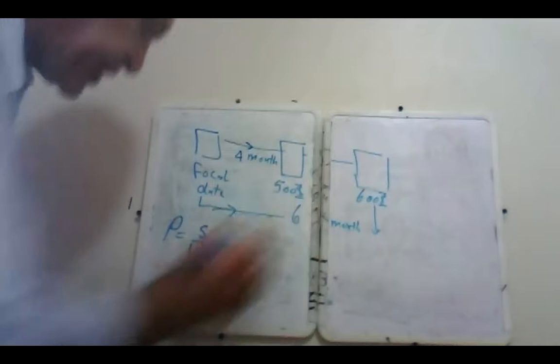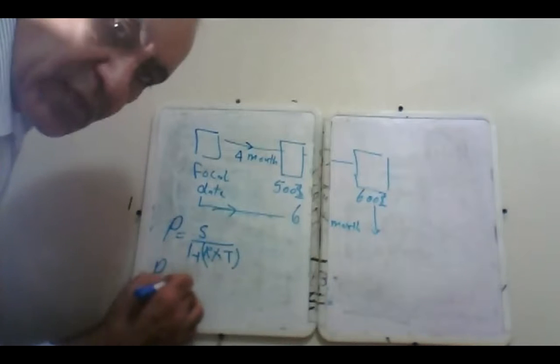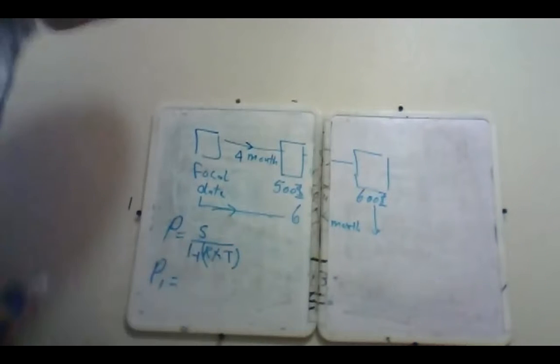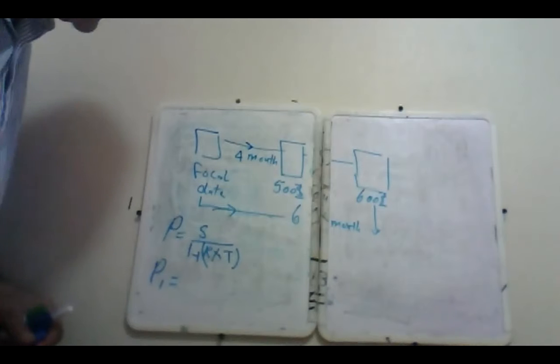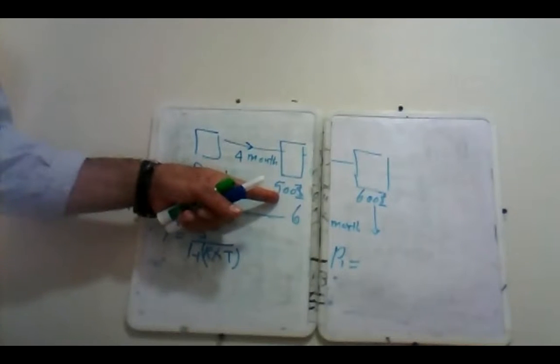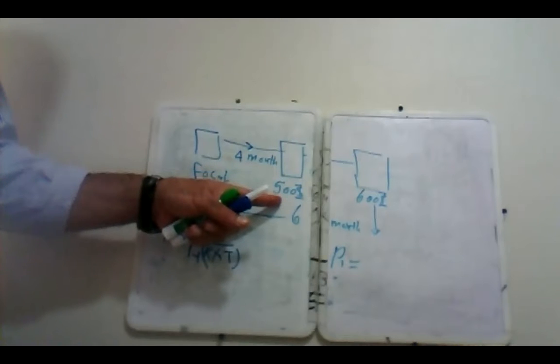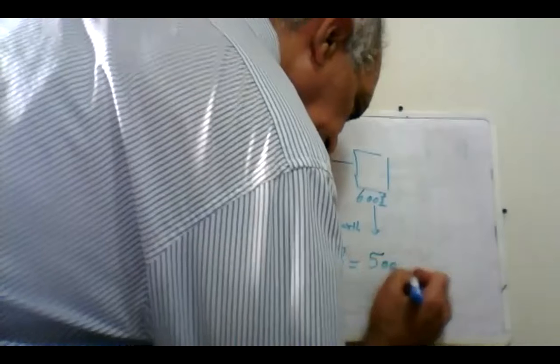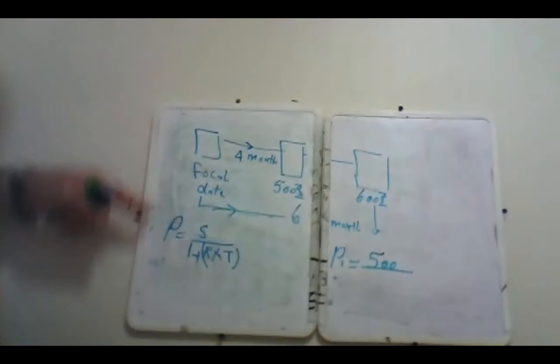Then for the first amount, which is $500, P1 will equal, so let me do it here. To bring the present value of the 500, we put the 500 on the upper part of the fraction, and then divide by 1 plus the rate of interest.